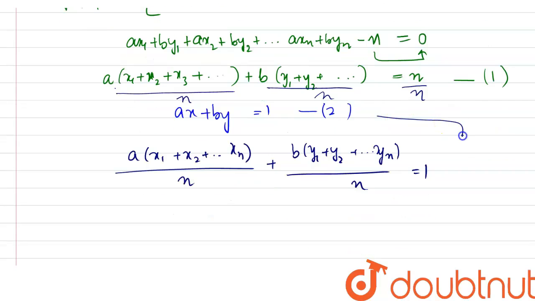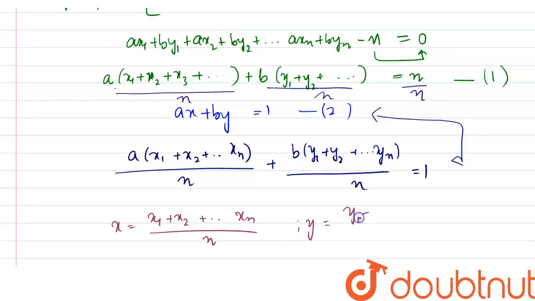Can we now compare these two? Yes. If we compare, we get x is equal to (x1 plus x2 plus so on up to xn) divided by n, and y is equal to (y1 plus y2 plus so on up to yn) divided by n.